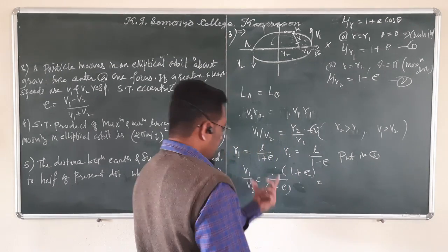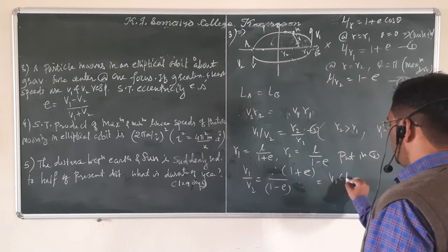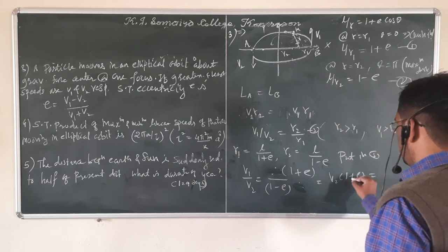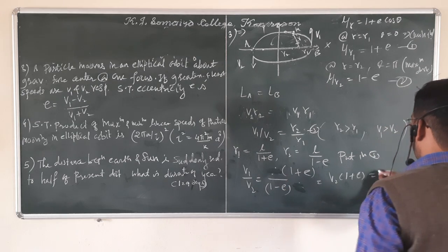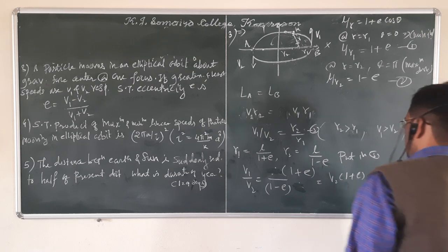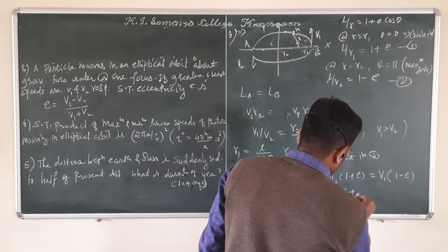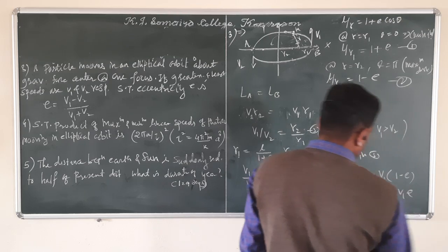If you do cross multiplication, v2 into 1 plus e is equal to v1 into 1 minus e. So v2 plus v2e is equal to v1 minus v1e.